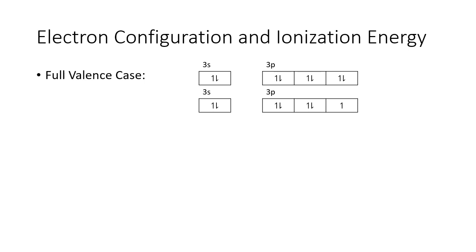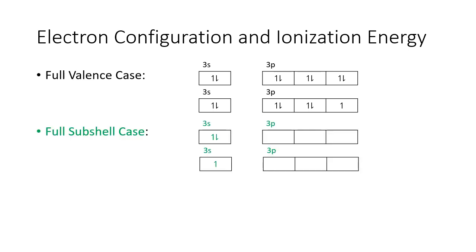In the second case, we're going to look at pulling an electron from a full subshell. So again, you're going from an energetically favorable state, in this case a subshell, to a less energetically favorable configuration, in the half-filled case. So this will be less of an effect than it happening to a full valence shell, but it will still be a thing.